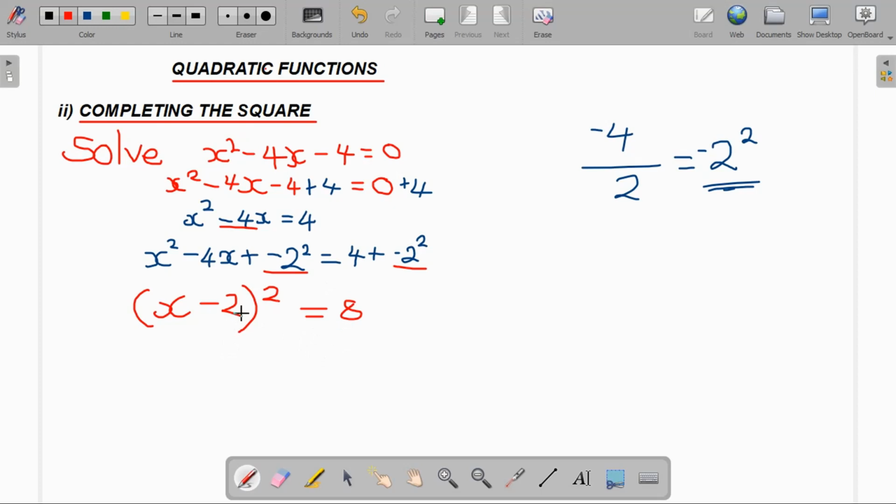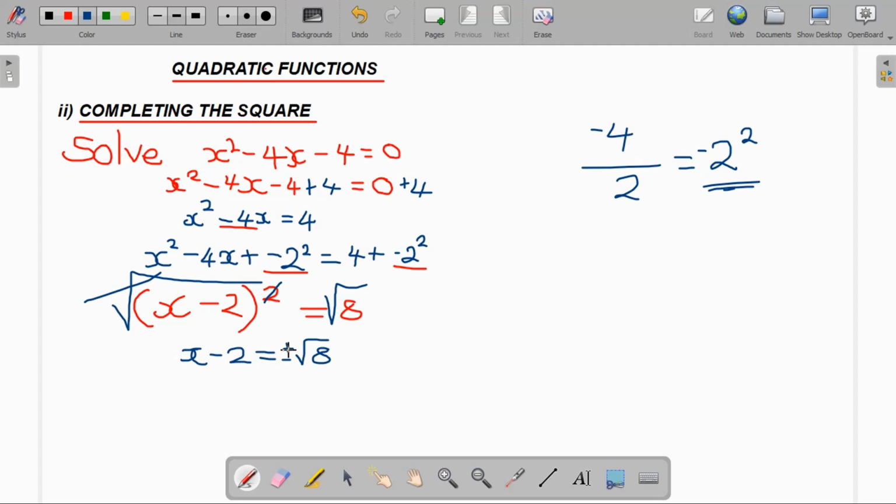And then at this point, we can square root both sides. So we can square root this side to get rid of this square, and then we can square root that side. So the square root and the square cancel. We're going to remain with x minus 2 equals positive or negative the square root of 8.